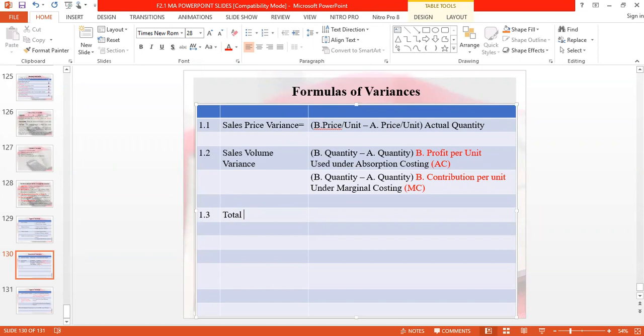Total sales variance is equal to sales price variance plus sales volume variance. So it will be sales price variance, which is 1.1, plus sales volume variance, which is 1.2. I hope you've understood the meaning of that.